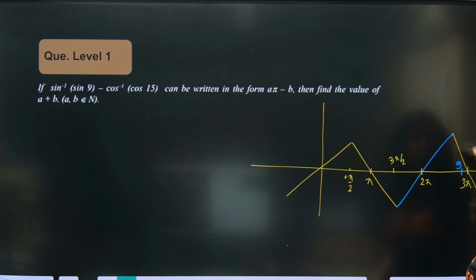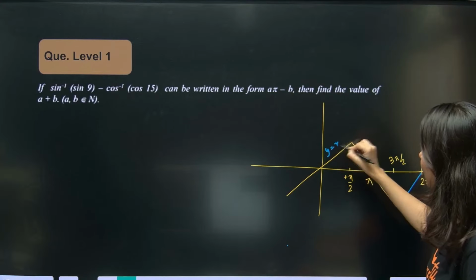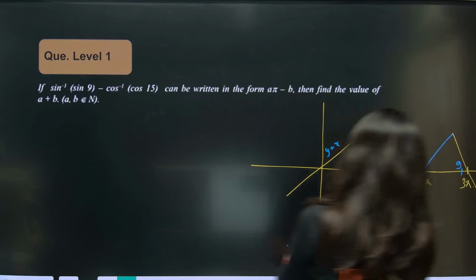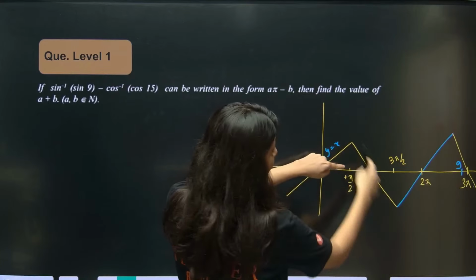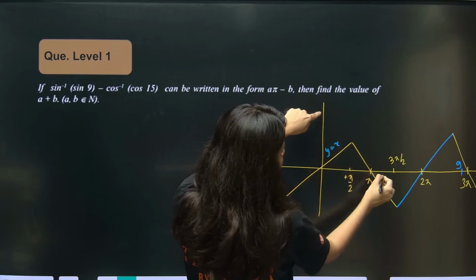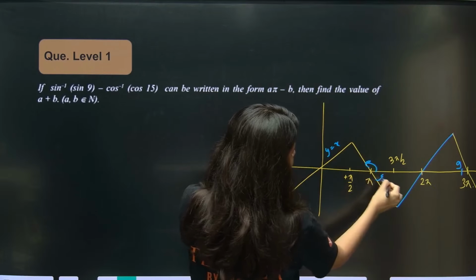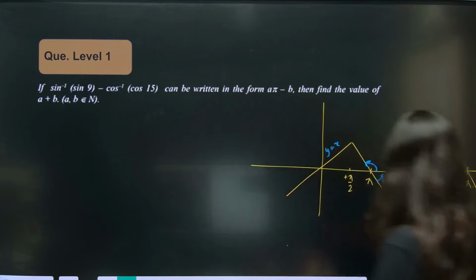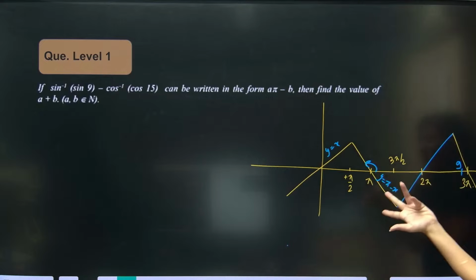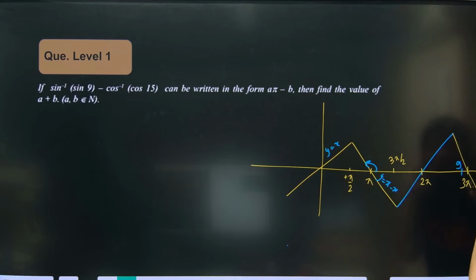So what do you want? You want the equation of this line. So this is y is equal to x. Now what is this, ma'am? Y is equal to, see, this line will intersect at positive pi. So y is equal to pi minus x. What is this line? You don't have to actually write any of the lines. You just want this line, right? So ma'am, this is 135 degree.